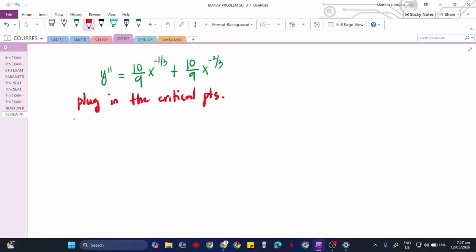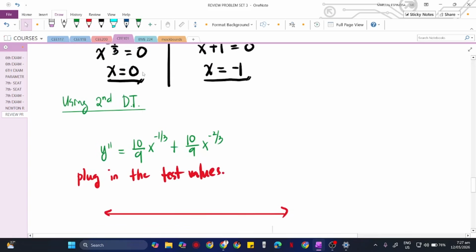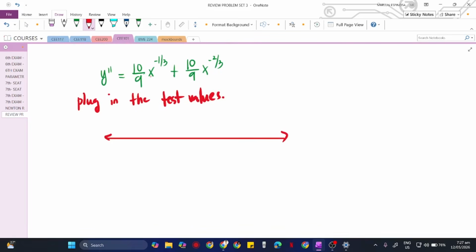So, gawa lang tayo ng number line. Mag-plug in tayo ng, instead of critical points, sabihin lang natin test values. Isulat natin yun sa number line. So, yung mga points pala, hindi pa natin sabihin na inflection points na yun.